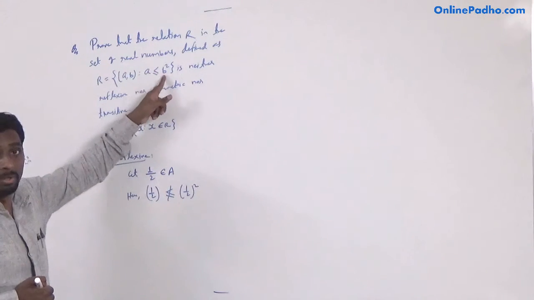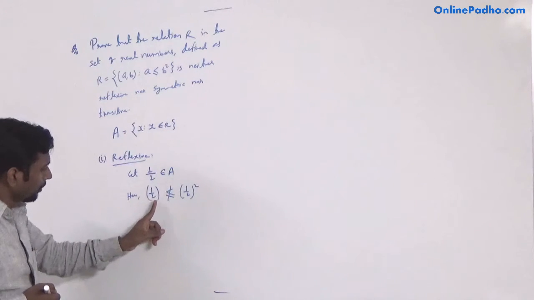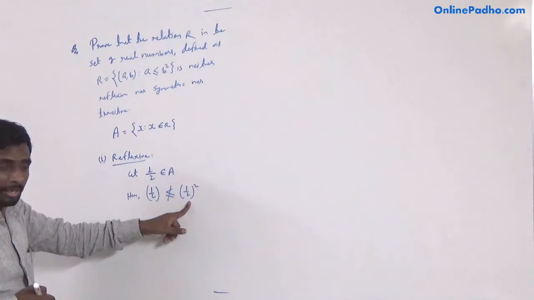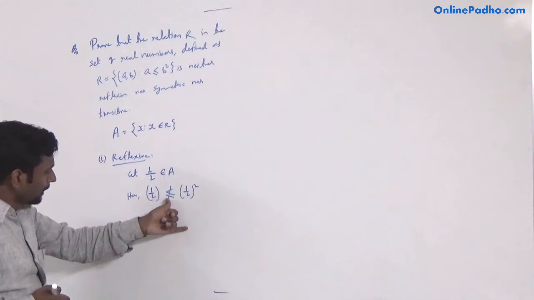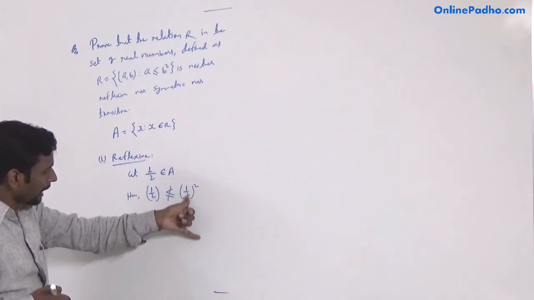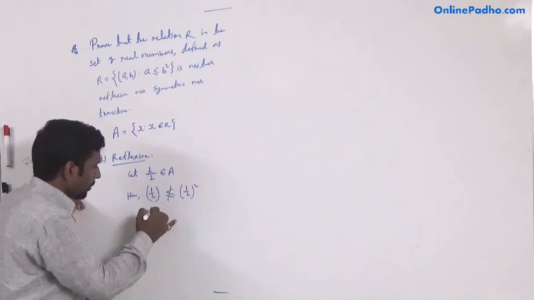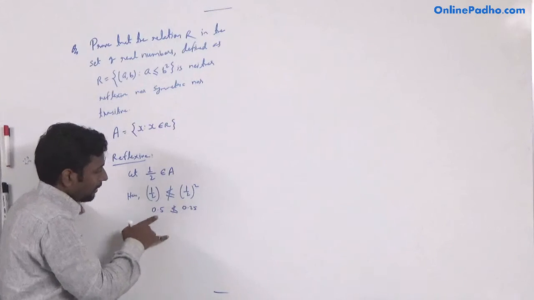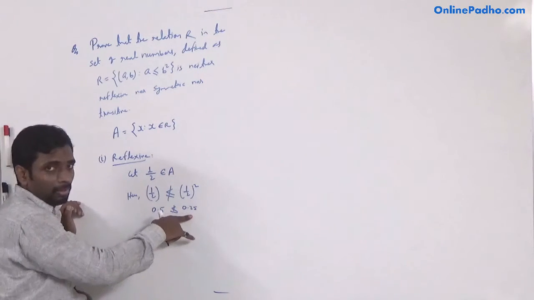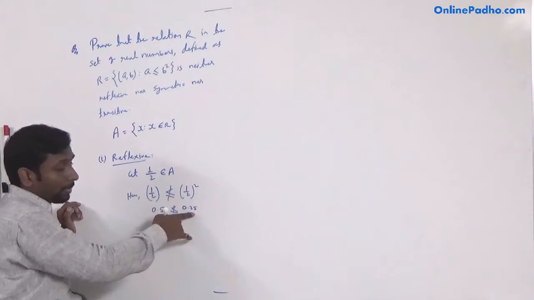a is less than or equal to b square. 1 by 2 is not less than or equal to 1 by 2 square, because 1 by 2 whole square can be written as 1 by 4. So this is 0.5 and this is 0.25. 0.5 is not less than or equal to 0.25. This is greater than 0.25.